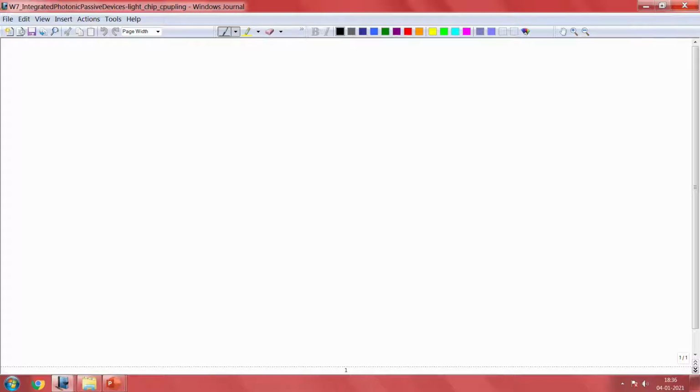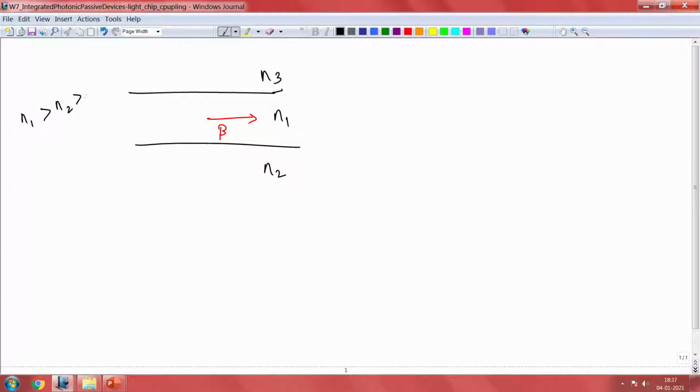We take a simple stack, let us say, of refractive index N1, this is the cross section, and you have N2 and N3 at the top. You want light to propagate through this medium N1, which has a higher refractive index compared to the others. That means N1 is greater than N2, which is greater than N3. This is the condition we have.